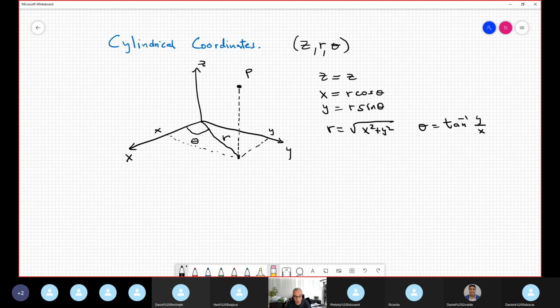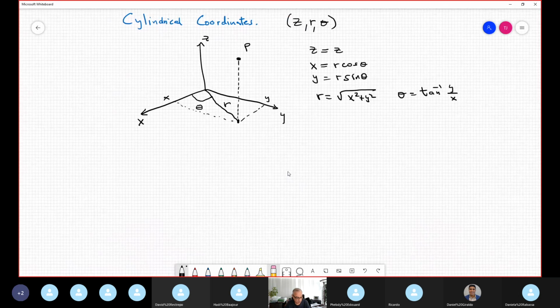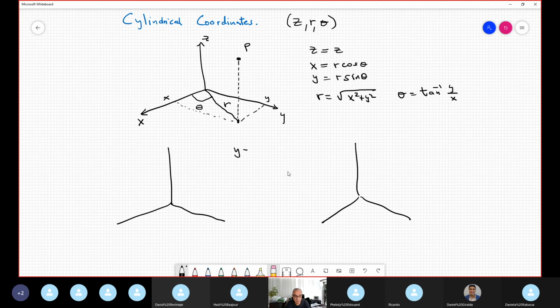Is it the only possibility? No. Another possibility is this one. In this possibility, you consider y. So we have a point and you project it here, y. And in the plane xz, you apply polar.